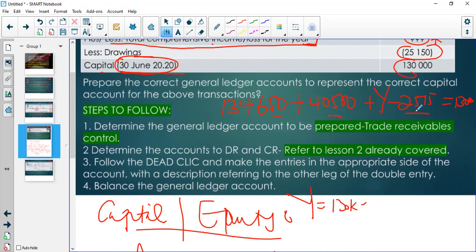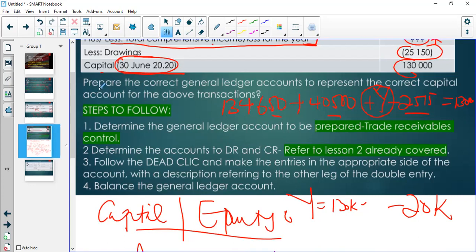Is that not correct? So 130,000 less 134,650 less 4,500 plus 25,150. I get it as a minus 20,000. Which means that this amount here, which is either a profit or a loss, is actually a loss of 20,000. So we have determined the loss.